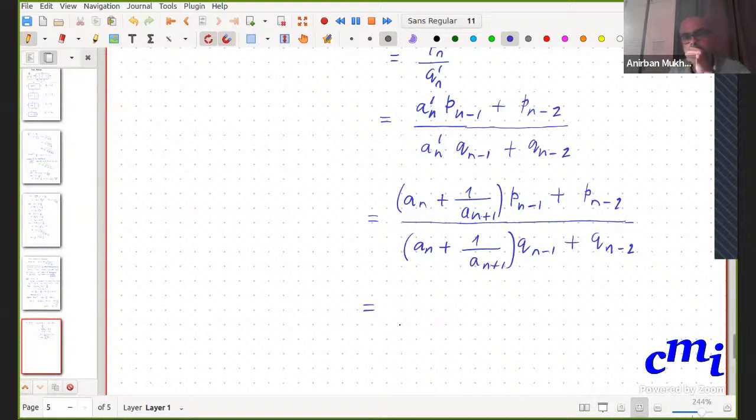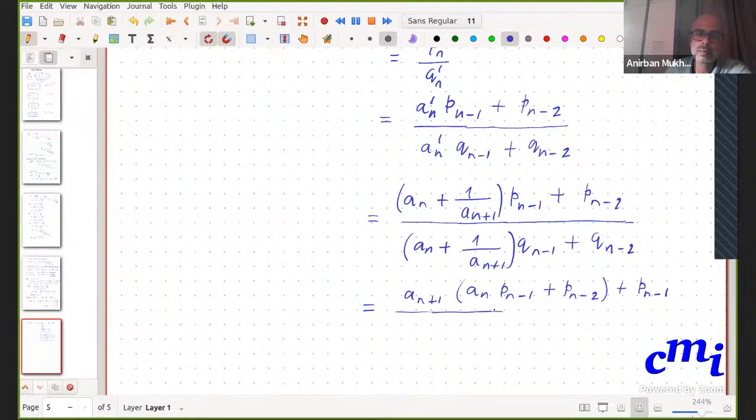So let's just multiply out. What we get is an plus 1 being multiplied with this an pn minus 1, so this is going to give you an pn minus 1 plus this will get multiplied with this pn minus 2, and there would be a pn minus 1 remaining.